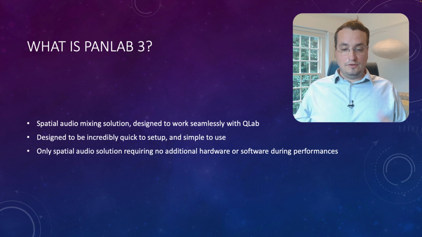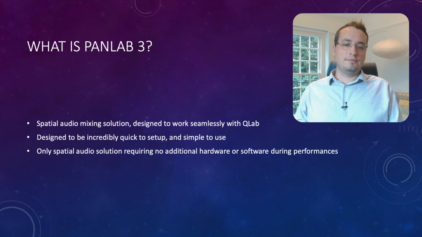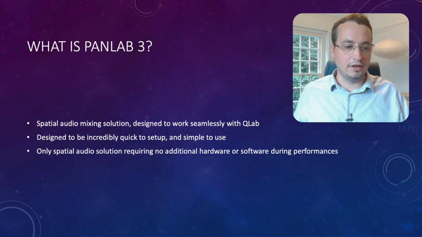We've built our own spatial audio algorithm, and we allow you to design your own bespoke spatial environments, and we print that spatial data back into QLab. We're basically creating a panner that you can apply to QLab, and it's a whole new way of interacting with audio in QLab.